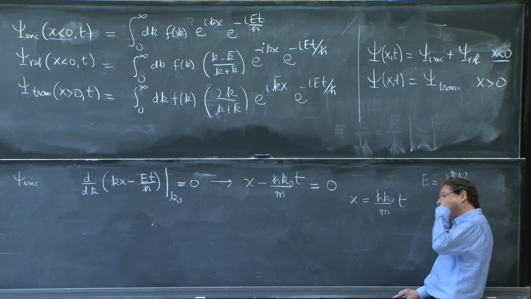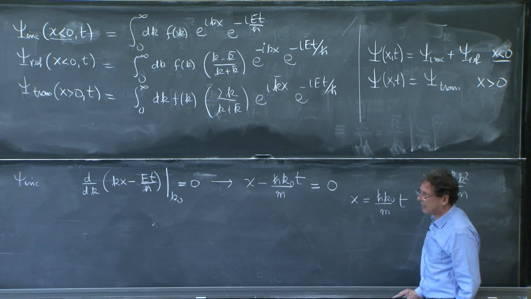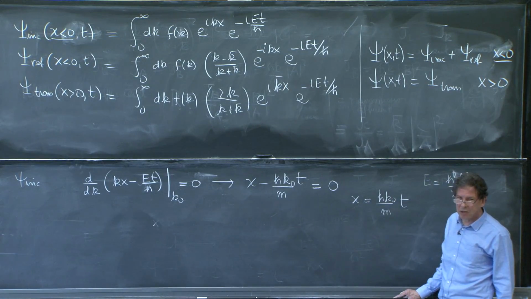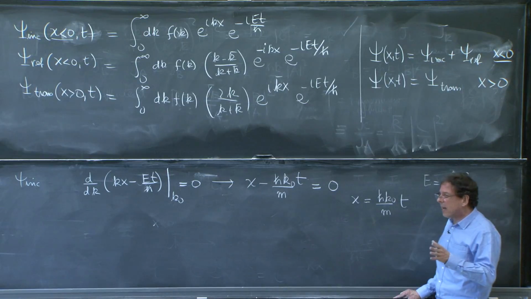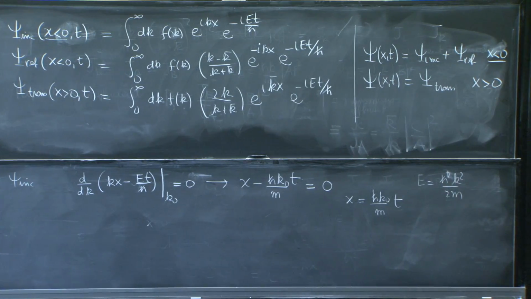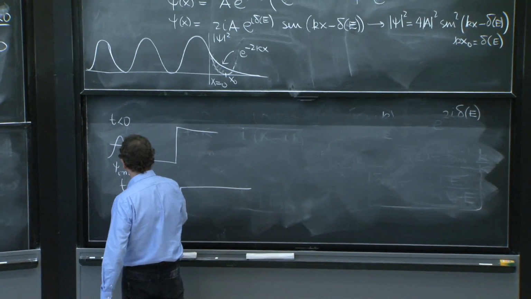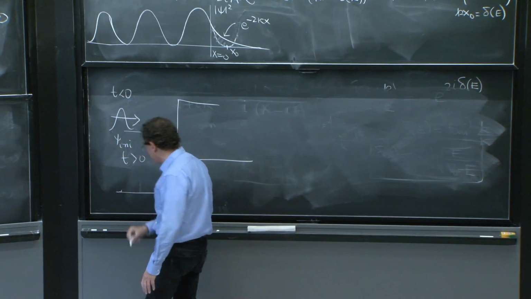But psi incident is only for negative x. So for negative x, you cannot satisfy the stationarity condition. And therefore, for negative x and positive time, t positive, psi incident is nothing.